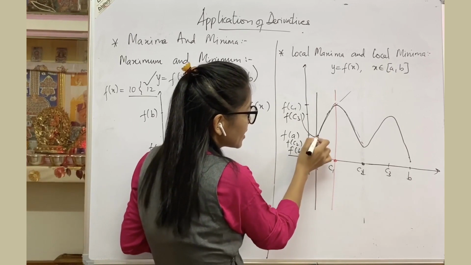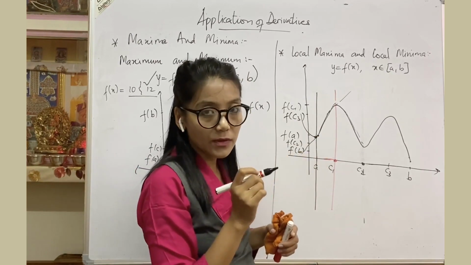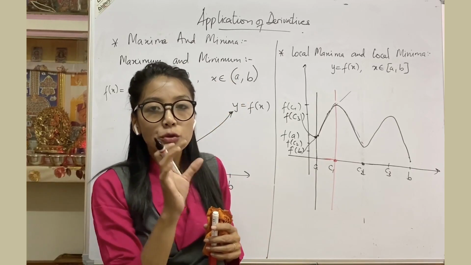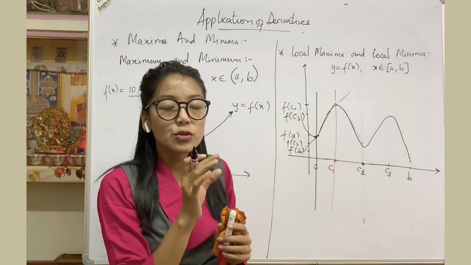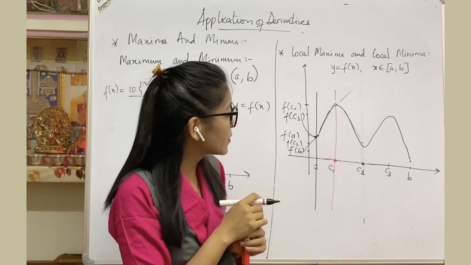And if it goes like this, then it is not the local minimum value of the function. Therefore, to know the local maxima and local minima, you should know the nature of the function on both sides of the point, C1. Are you clear with that?